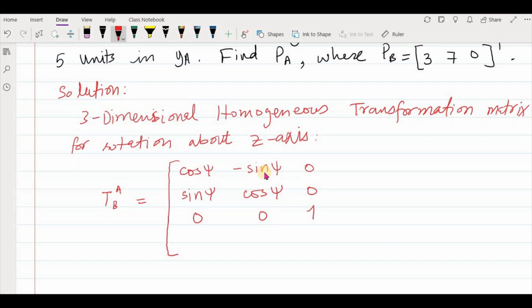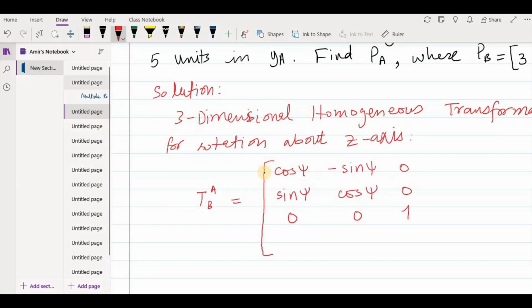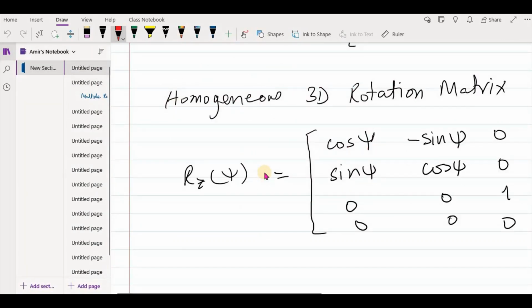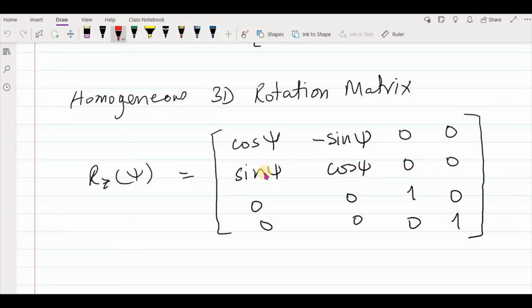This one shows that this rotation is about the z-axis. The z-axis will remain unchanged, only the y and x axes will change. So these values come from the rotation matrix that we defined previously. Here you see rotation about the z-axis, cosine of psi, minus sine psi, sine of psi and cosine of psi.